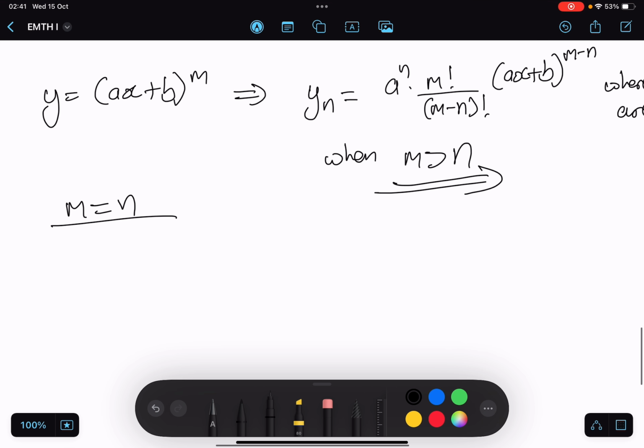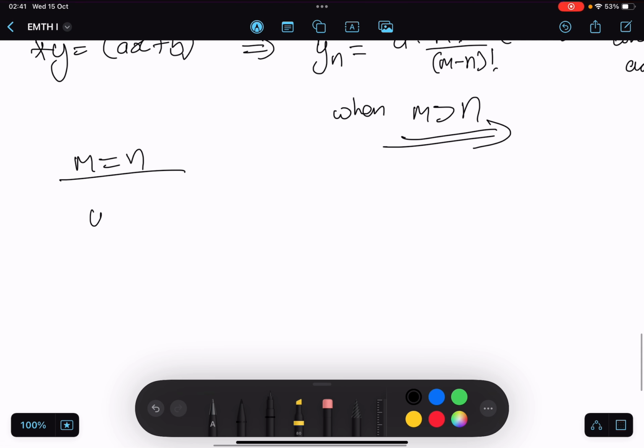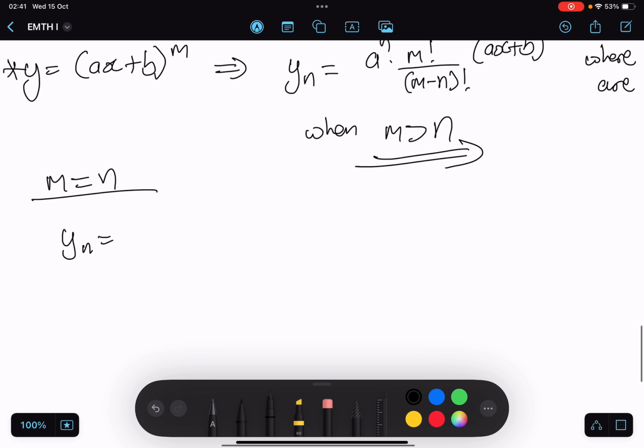So we are still looking at the polynomial. When m is equal to n, let me rewrite the nth derivative. We have a_n times m factorial over m minus n factorial times (ax plus b) to the power m minus n.